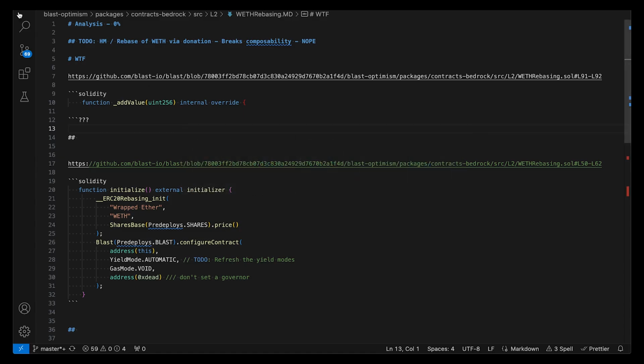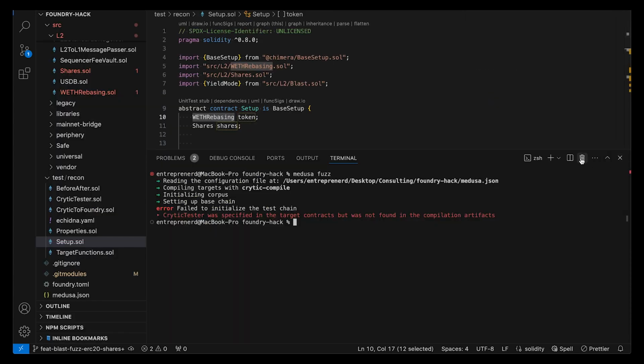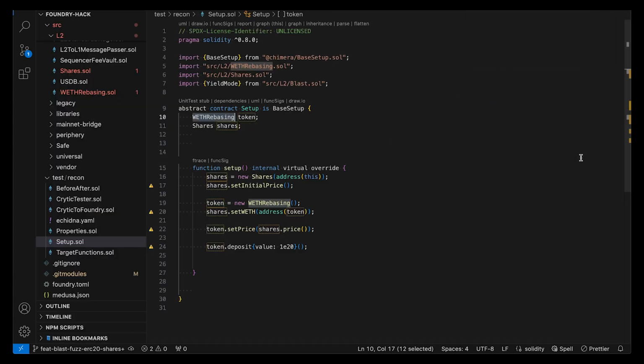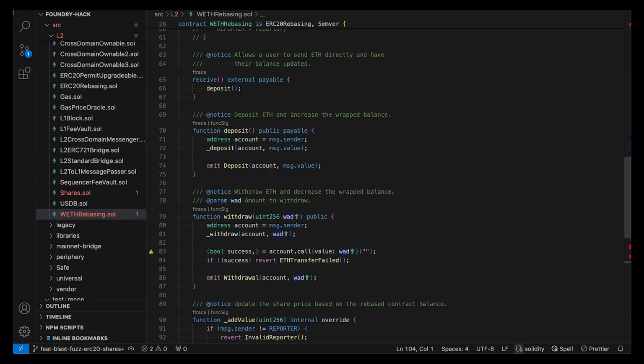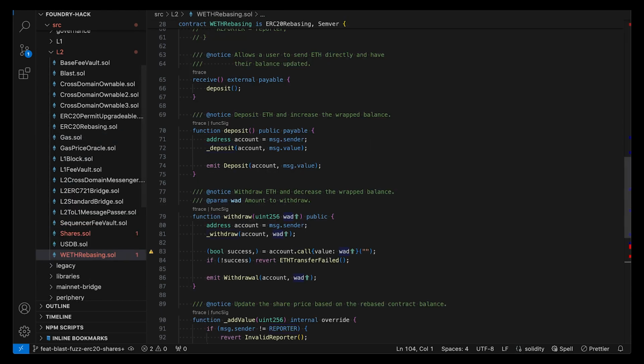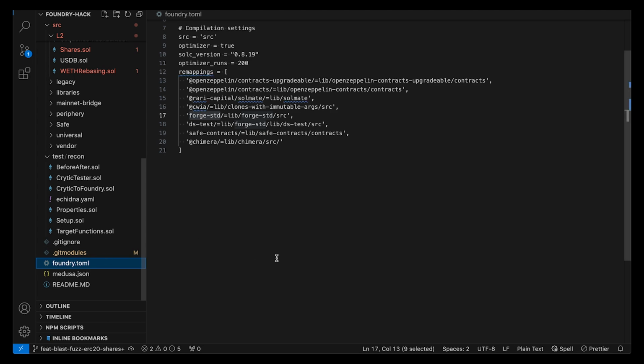So as I shift into my own repo, in this specific case, I haven't run this repo for a few months, so it's going to take me a moment, so bear with me. But the fundamental first thing that I did, as you can see that I'm in the Foundry Hack folder, which is my own scaffolding setup, is I basically ported over everything to my own repo.